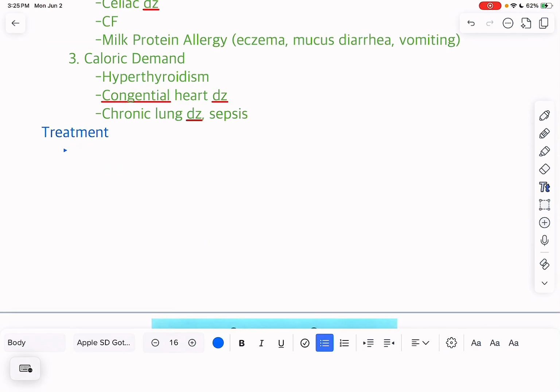Next up is treatment. So basically, treating the underlying cause of failure to thrive is at the core of our treatment, whether it be cystic fibrosis, celiac disease, milk protein allergy, GERD, those are the guidelines for treating failure to thrive in this case.